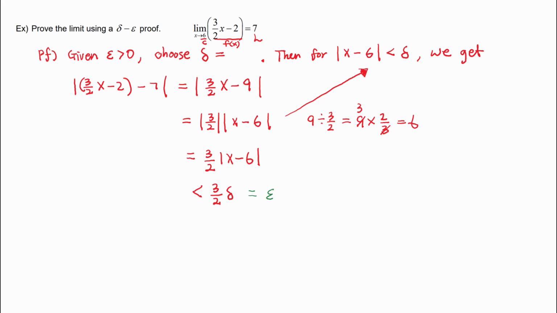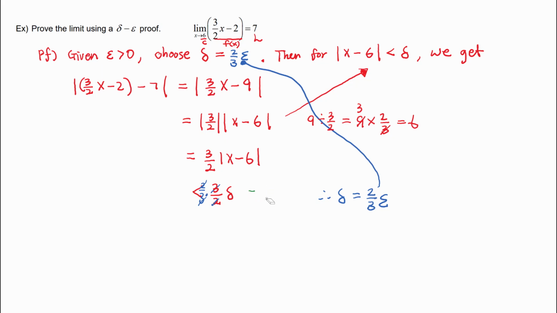And we want this to end up with epsilon. So to get epsilon, we solve this. To get rid of 3 over 2, we can multiply both sides by the reciprocal of 3 over 2, which is 2/3. So then the 2s and 3s cancel. You know your delta must be equal to 2/3 epsilon. So you can go back now to the original statement and say choose delta to be equal to 2/3 of epsilon.